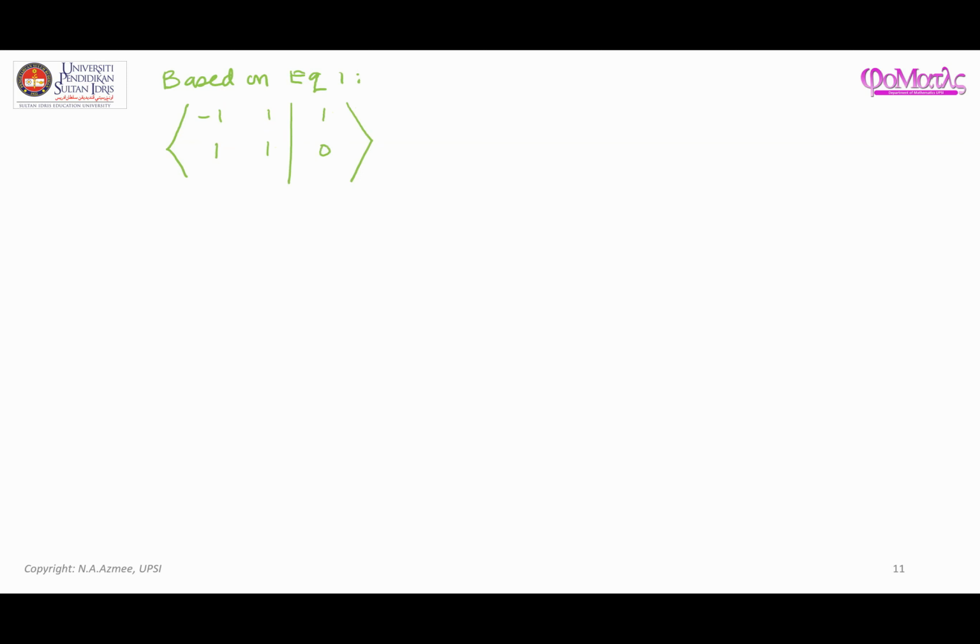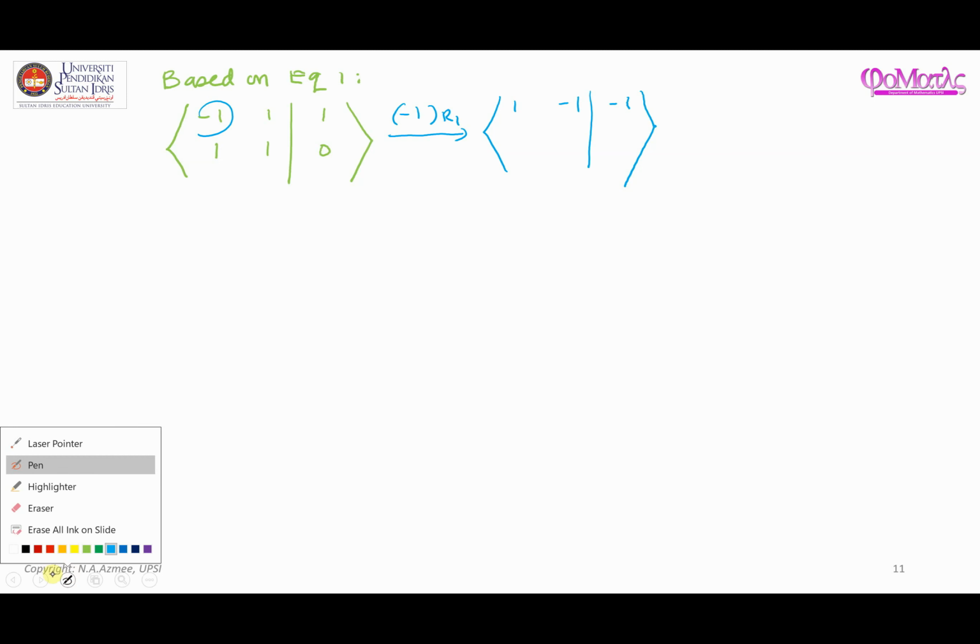I can see that this can be turned into 1 by multiplying the first row by negative 1. So 1, negative 1, negative 1. Okay. Next, sorry, let me write down 1, 1, 0.